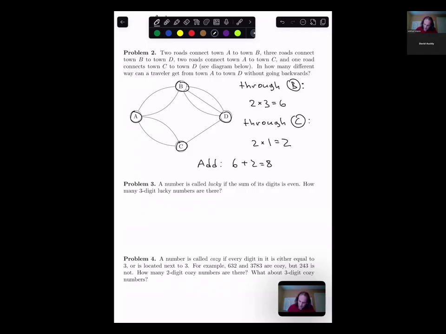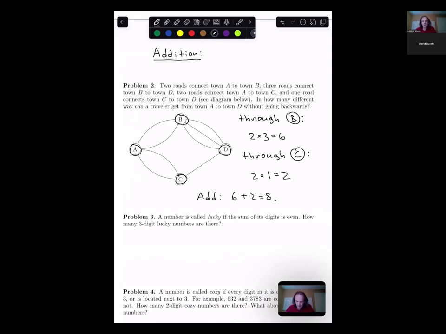So essentially, what the addition principle tells us is that sometimes we have completely separate options, completely separate ways to do a certain thing, and then we just need to count them separately and add. So that's a very straightforward idea. But it's a casework.